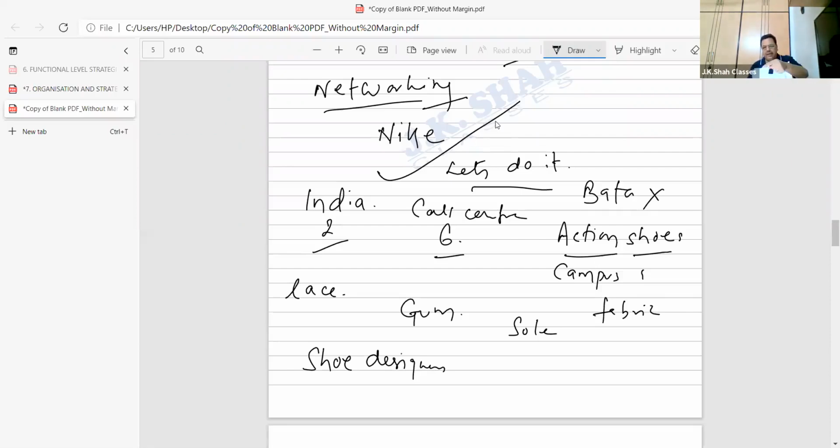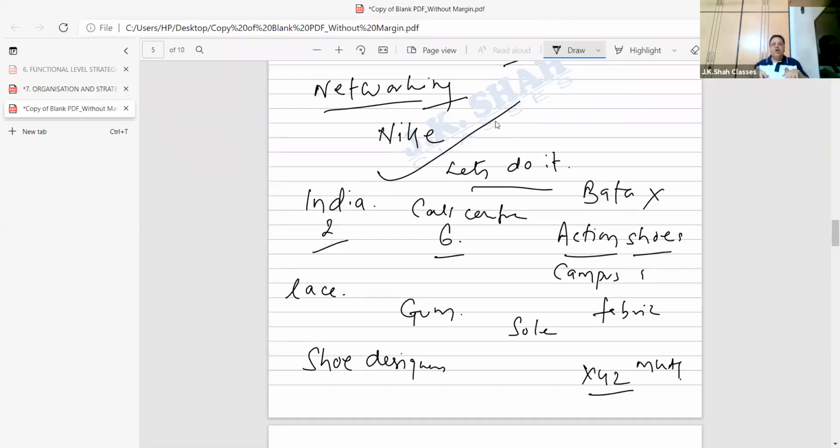Now imagine those 2 boys came, 34, 35 years of age. They appointed Action Shoe and Campus Shoe. And they said, we will give you the design, we will give the material. You have to make shoes. And there is one particular company, XYZ and company. This company will look after the marketing. Now, bacha, see how there is actually networking, no organization only.